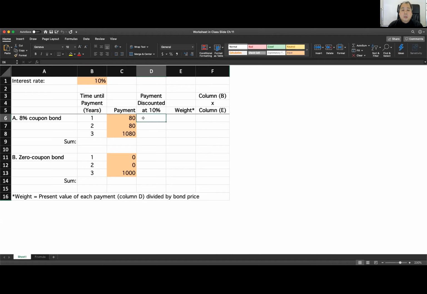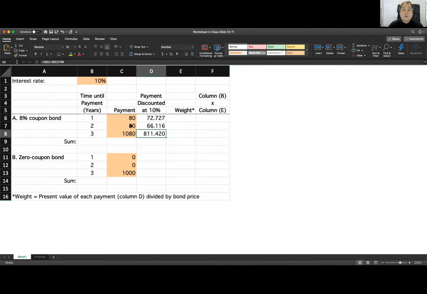Now, we have to calculate the present value of each payment. First, the payment divided by 1 plus the interest rate to the power of the number of years. Same thing for the next years. The second one is the cash flow divided by 1 plus y, the interest rate, squared.